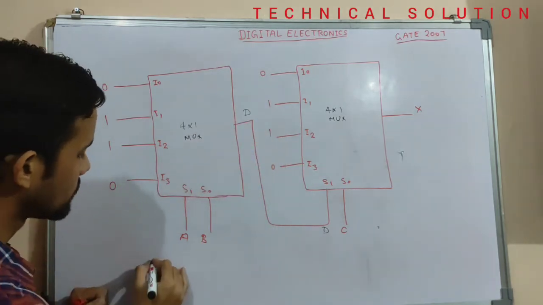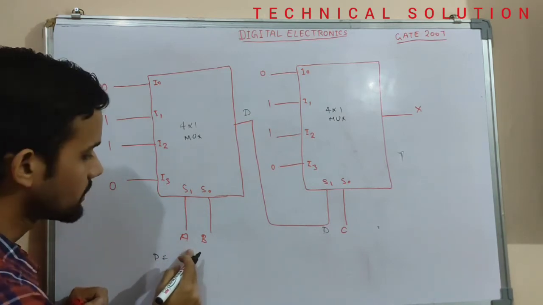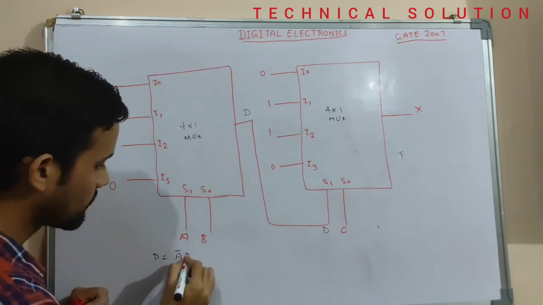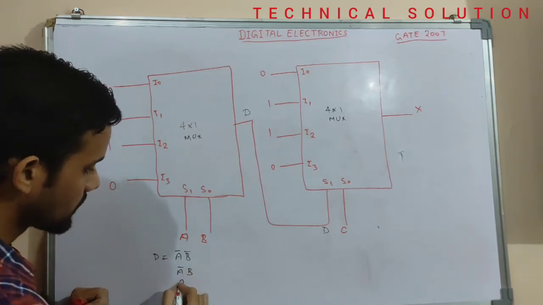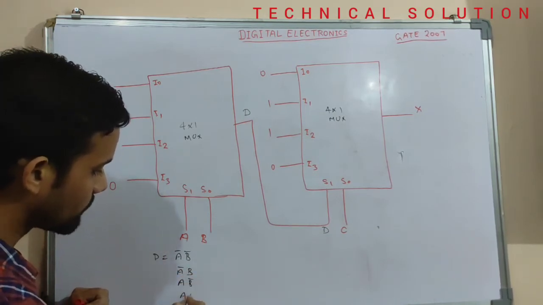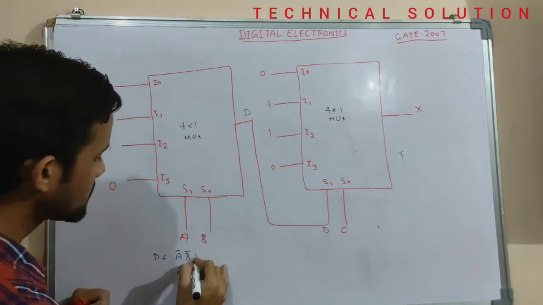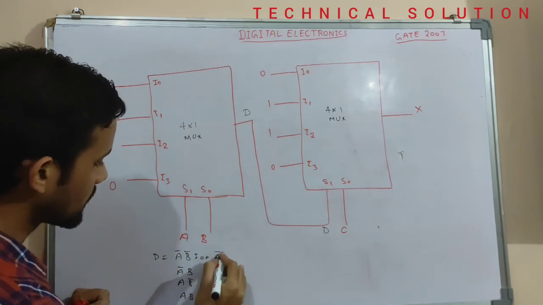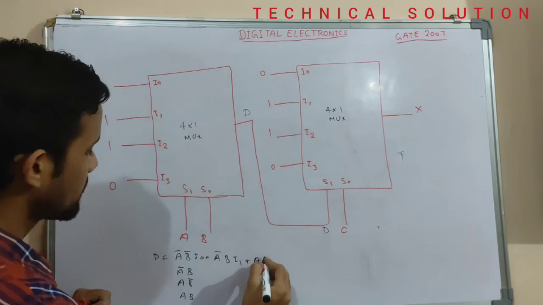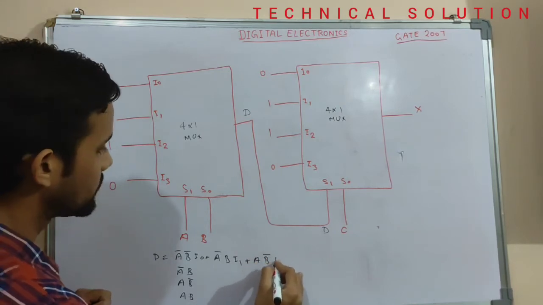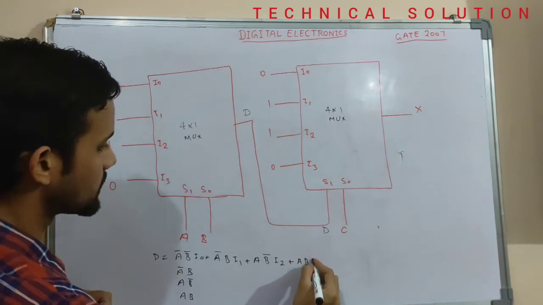D has 4 possible combinations: A bar B bar, A bar B, A B bar and A B. With A bar B bar, I0 is passed; with A bar B, I1 is passed; with A B bar, I2 is passed; and with A B, I3 is passed.